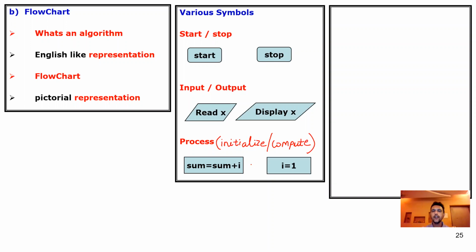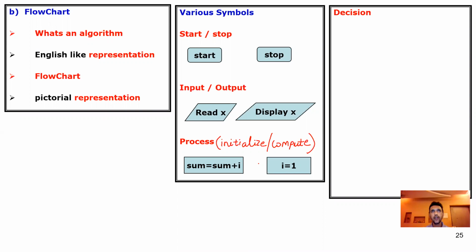All right. Now the next thing. So the next thing is decision. Can you tell me in the previous algorithm, which step is decision making? Which step is decision making? Consider the fourth step.